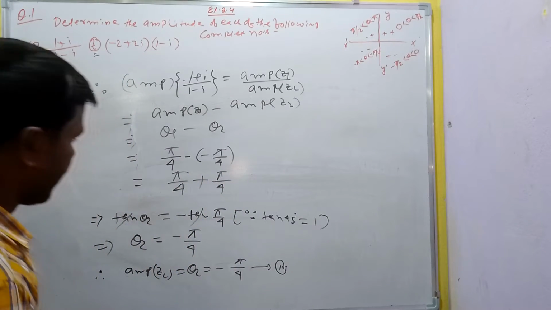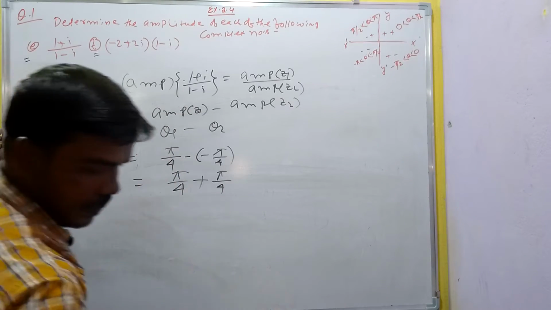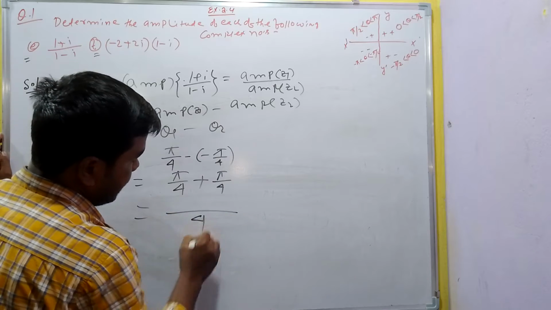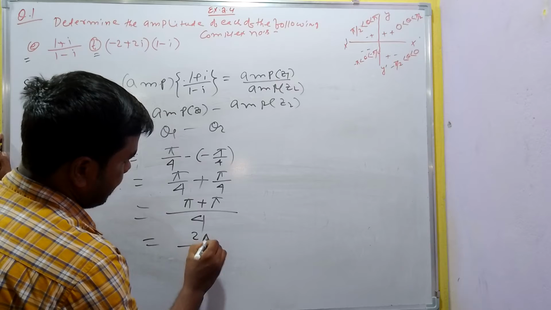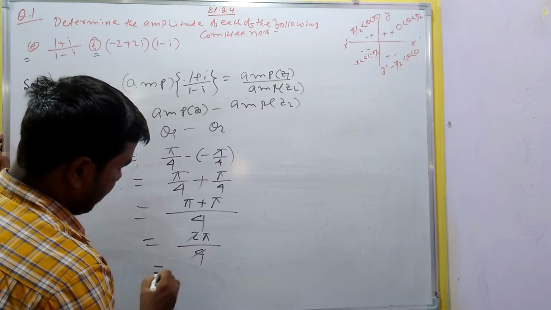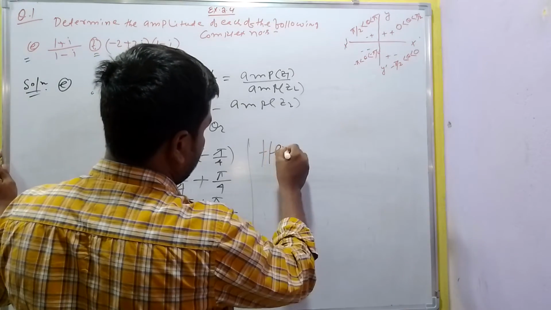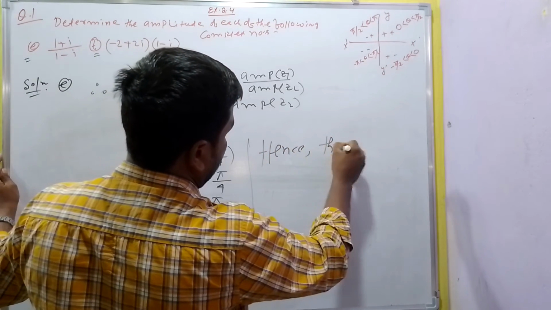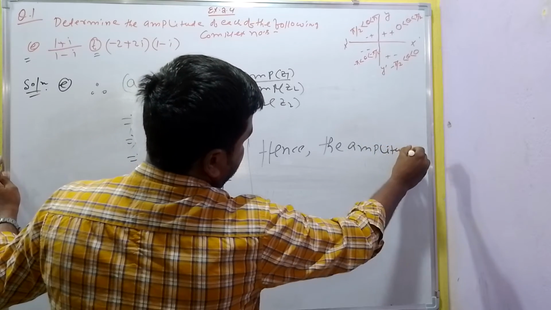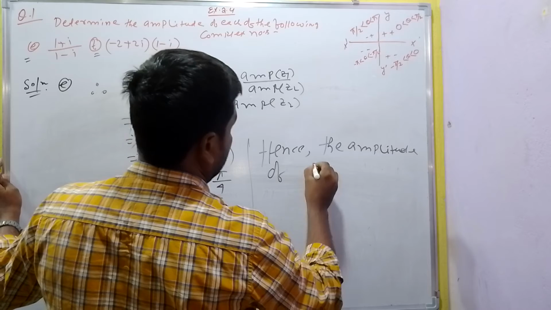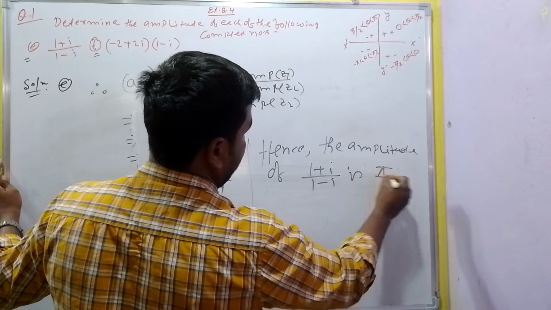Now you take LCM 4, then pi plus pi, so equals twice pi by 4. This will be cancelled, then pi by 2. Hence the amplitude of (1 plus i) by (1 minus i) is pi by 2.